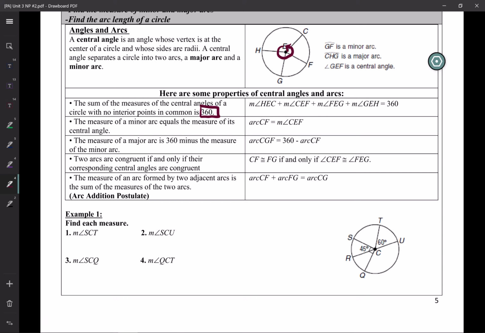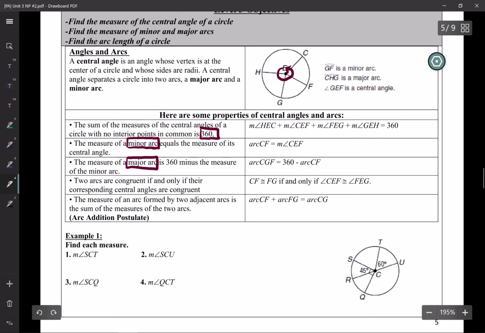Another rule that's going to be important is the property of minor arcs. They equal the measure of their central angle. And a major arc is 360 minus the measure of the minor arc.